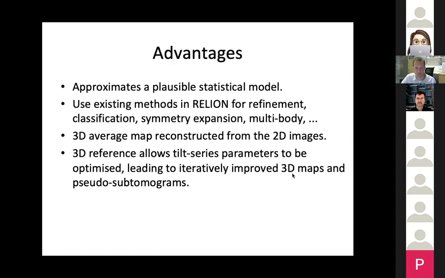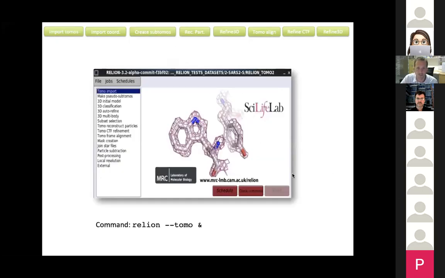This can be done in a way that is very similar to the Bayesian polishing that people use for beam-induced motion correction in single particle analysis. That then leads to improved 3D maps, and you can then make improved sub-tomograms, and the whole procedure becomes iterative.